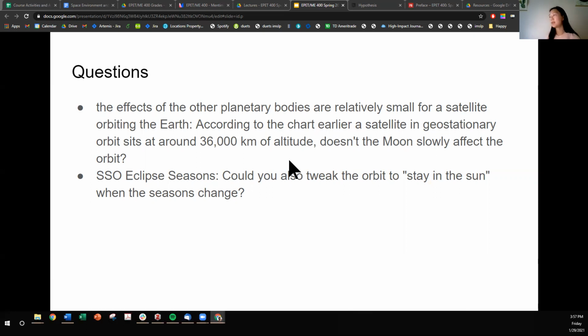I mean, you can integrate all of the small orbital effects from all the bodies in the universe. The moon is certainly the closest one, so it would give you the most perturbation or unwanted disturbance in your orbit. So yes, it's true, but for many missions, this is not significant enough to really impact the mission.